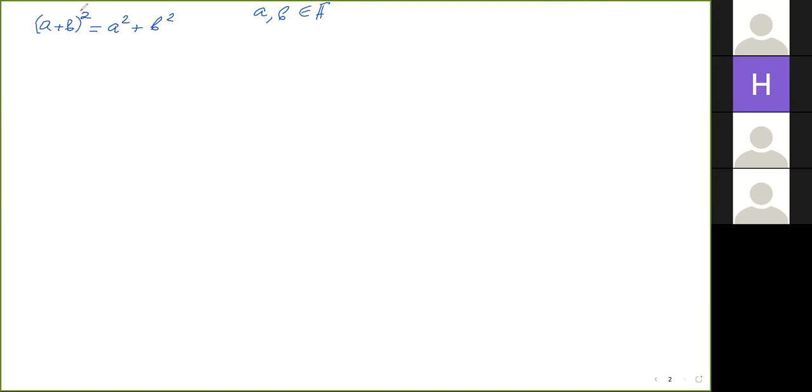The same applies to A plus B to the 4. It is A to the 4 plus B to the 4, and so on. And that feature of our field simplifies everything.